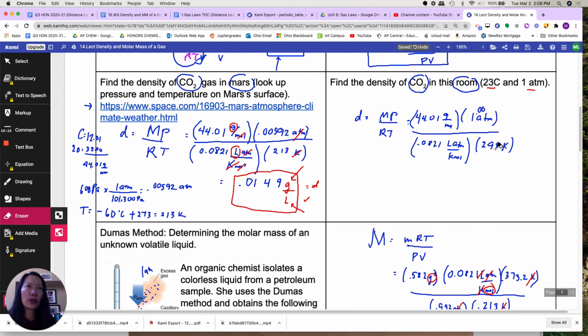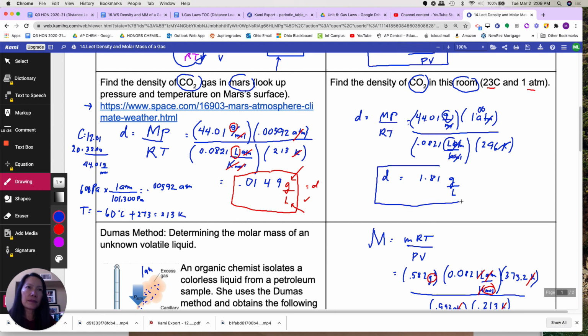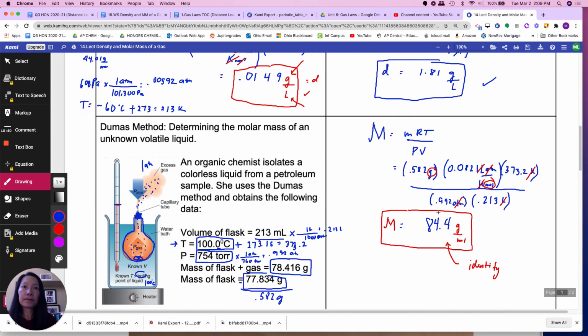Okay, go ahead and when you plug that in the calculator, I got 1.81 grams per liter is the density. And again, the units, moles are gone, ATM's gone, K is gone, and it's grams per liter. Okay, and that's it.